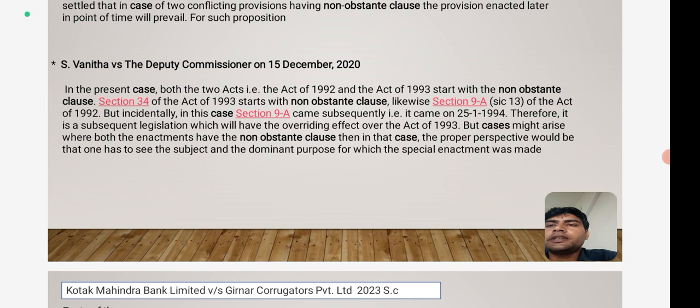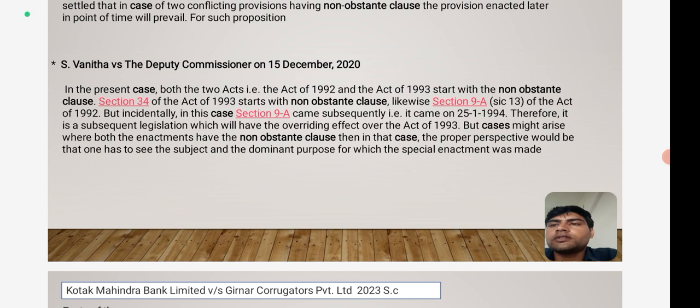In the present case, there are two acts, the Act of 1992 and the Act of 1993, that start with a non-obstante clause. Section 34 of the Act of 1993 starts with a non-obstante clause. Likewise, Section 9A of the Act of 1992, but incidentally Section 9A comes subsequently, on 25 January 1994.